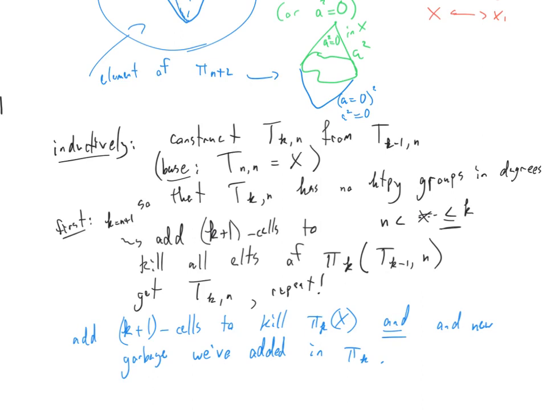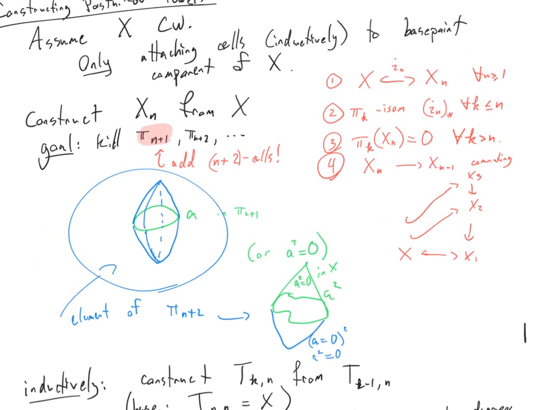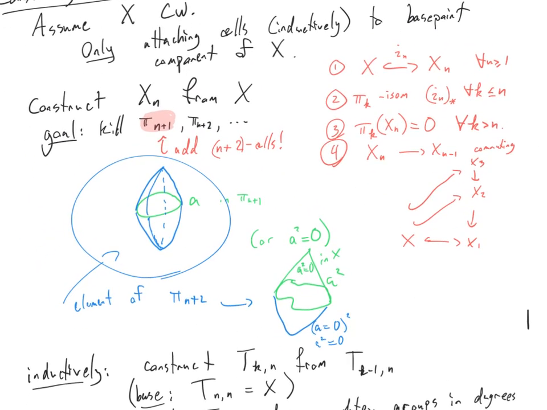So let's just think about our target goals here. So what we wanted to do was to make a map from X into X n. So we did that because we've added cells, so we have an inclusion. And we want it to be a pi k isomorphism for all k less than or equal to n.